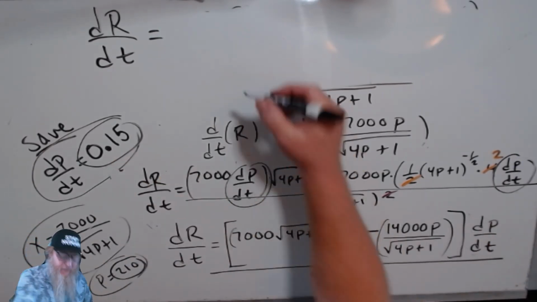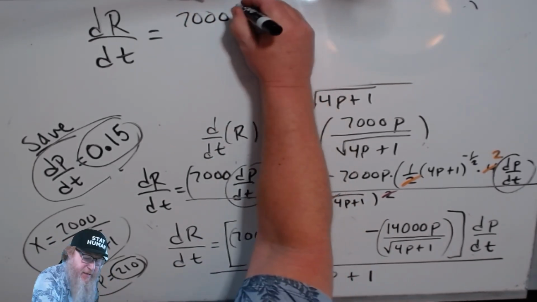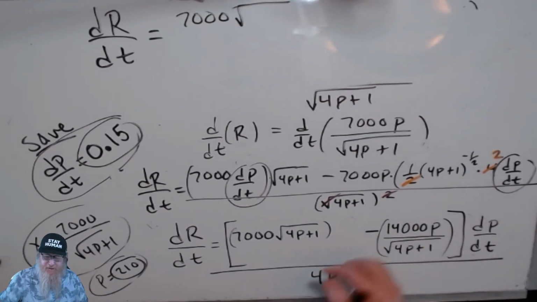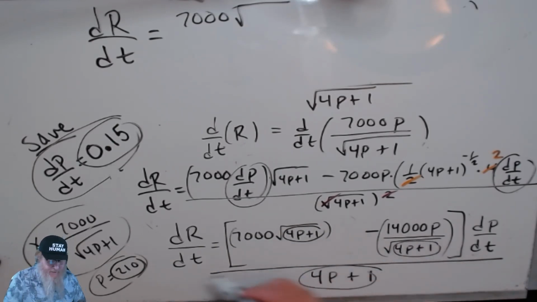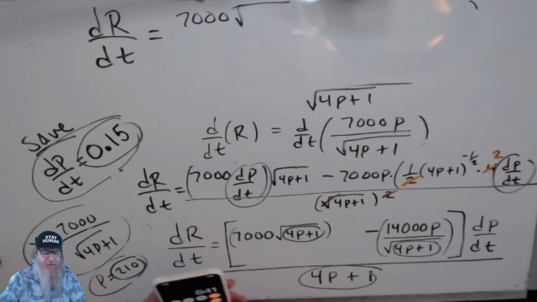All right, so plug everything in. So I've got 7,000 times the square root. Why don't I just do this on my calculator? What is 4P plus 1 when P is 210? So 210 times 4, 840 plus 1.